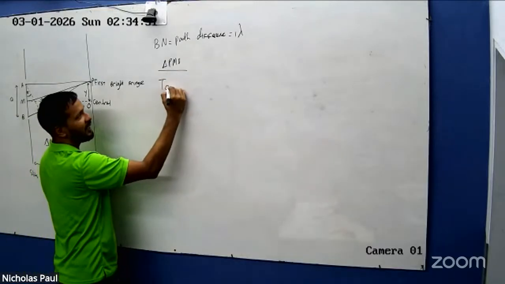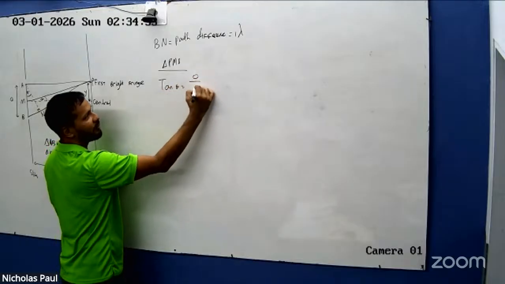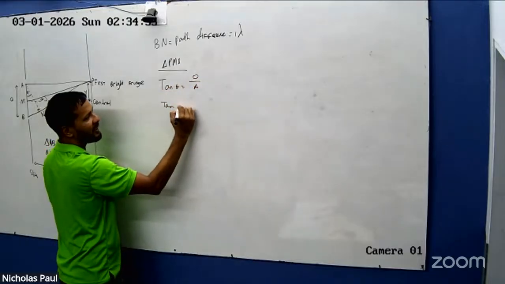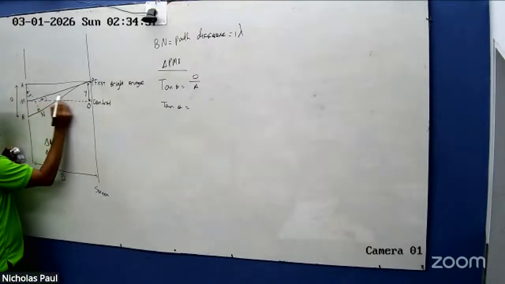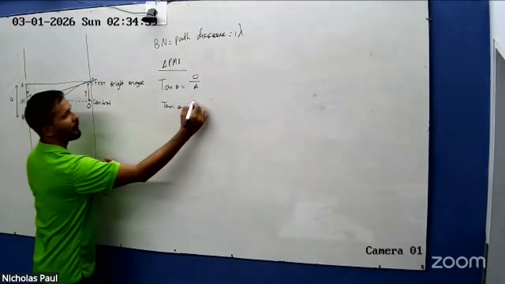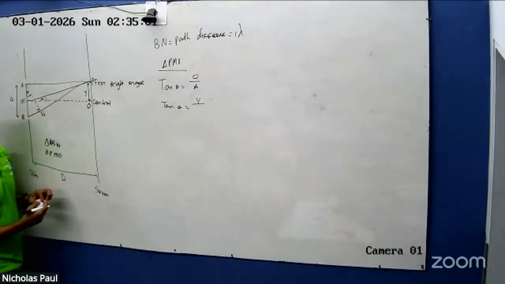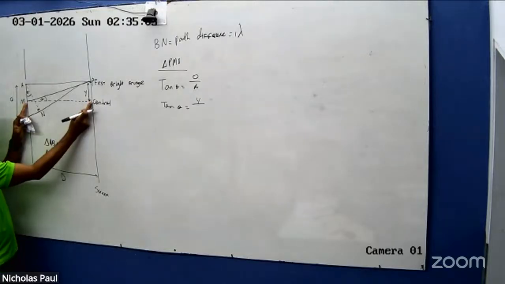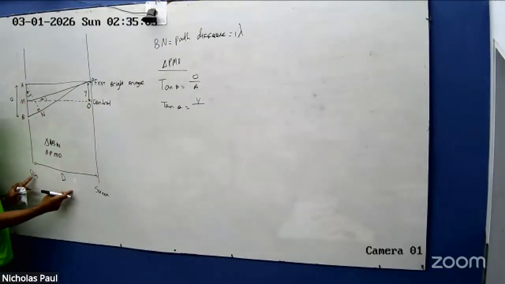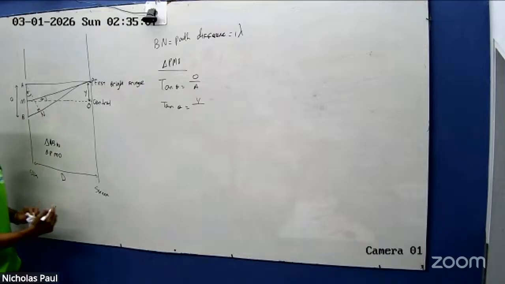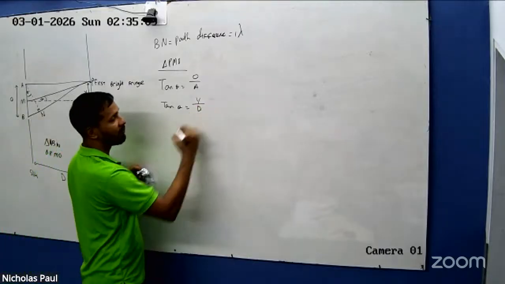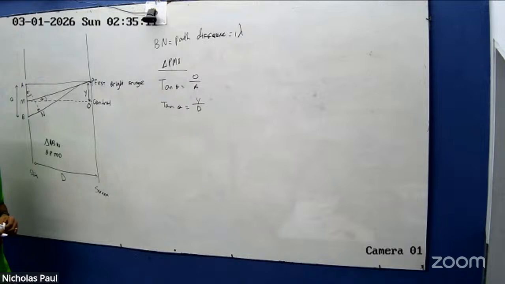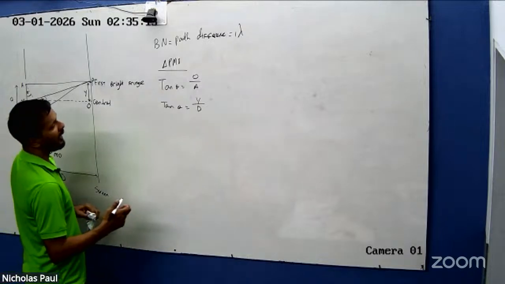So tan theta is opposite, which is y, and this distance is D. So tan theta is y on D.